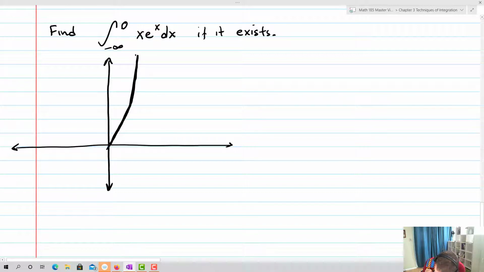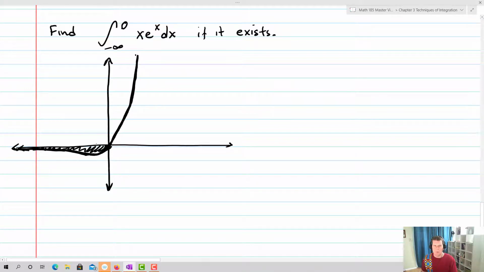And then it's going to go negative, and it'll be on the negative side of the function, and we'll have this horizontal asymptote of the x-axis. So what we want to know is how big is that value right there? What is that value equal to?